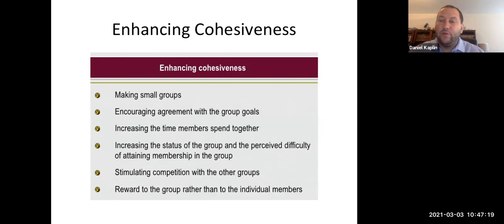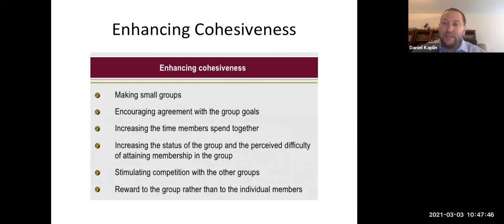Encourage agreement with group goals. So some of the discussions you have is, well, what do you want to get out of group, right? In group settings, it's important to discuss that so that the group knows the direction they're going to take, because without a clear goal amongst the group, you're going to flounder. You're going to struggle.